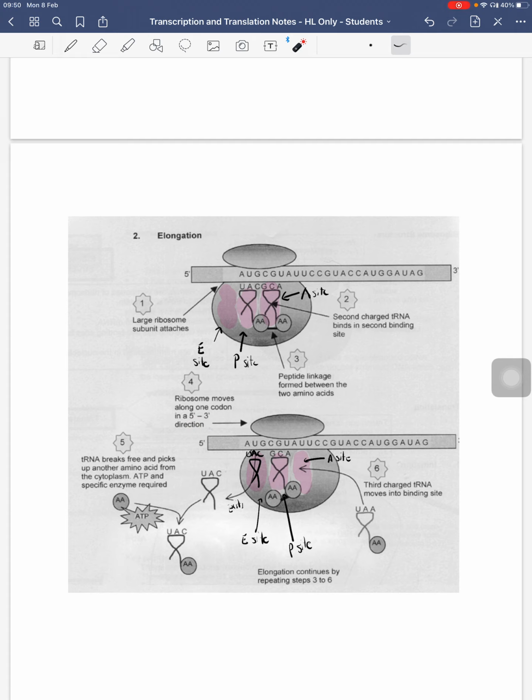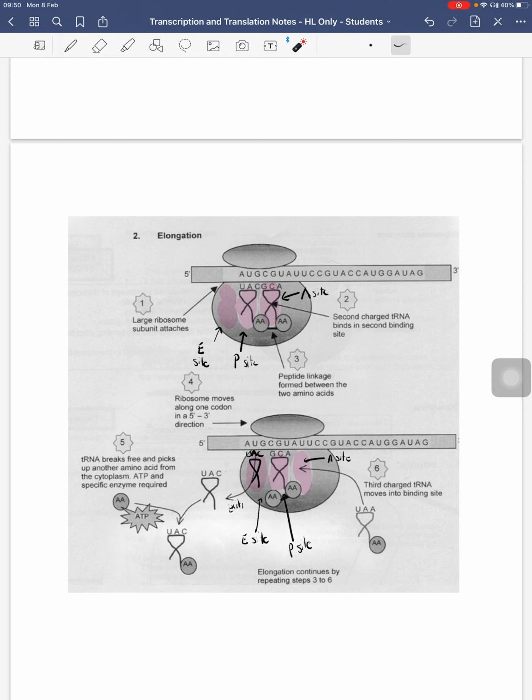As this ribosome moves one codon over, the now empty, uncharged tRNA molecule goes to the E site and then it leaves. So the E site stands for exit.